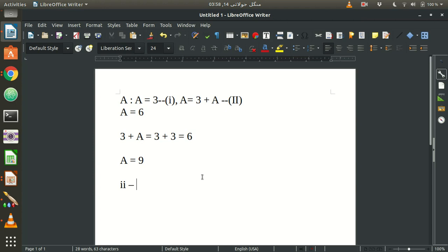Rule number 2 says instead of A you can write 3 plus A. Then again I will use rule number 2 instead of A, then it will be 3 plus A. And now using rule number 1, 3 plus 3 plus 3 is equal to 9.